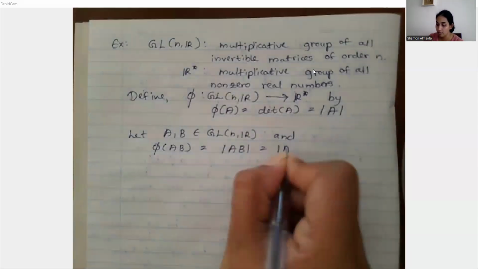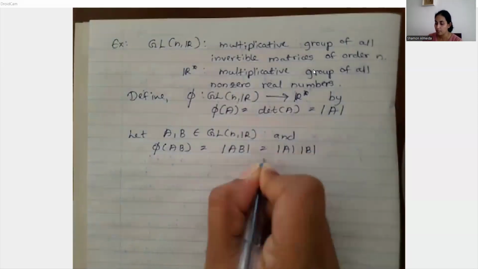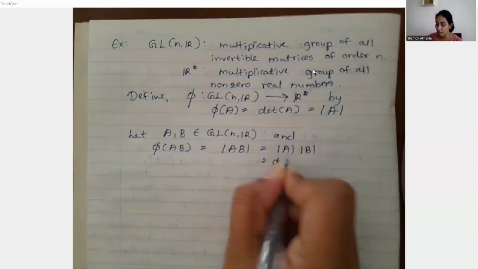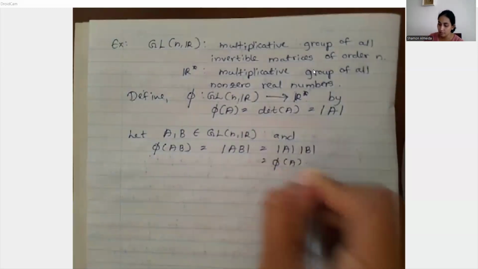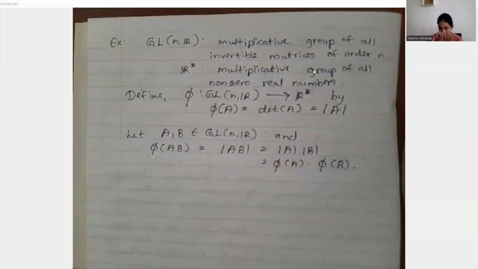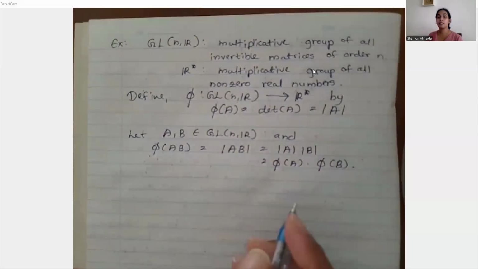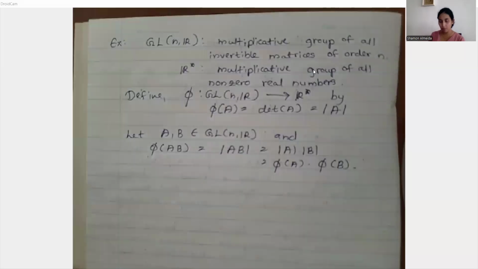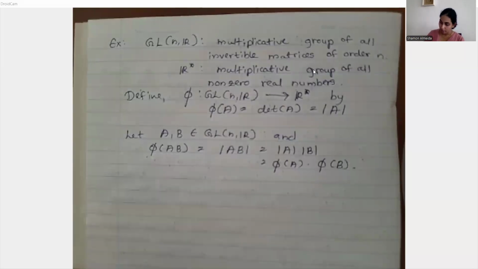So you can write it as this. And the determinant of A is simply phi of A times phi of B. Therefore, by definition, this is a homomorphism, right? So in other words, the determinant is actually a homomorphism from the group of invertible matrices of order n to the set of non-zero reals.